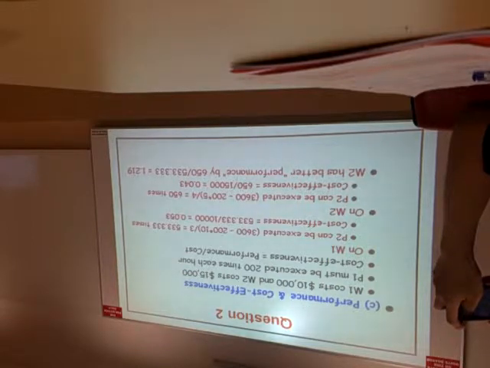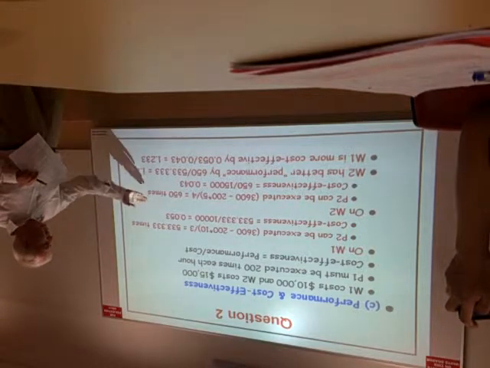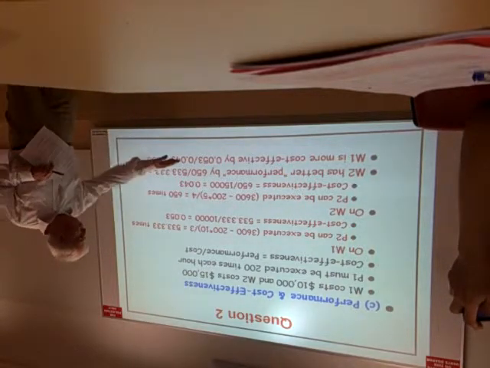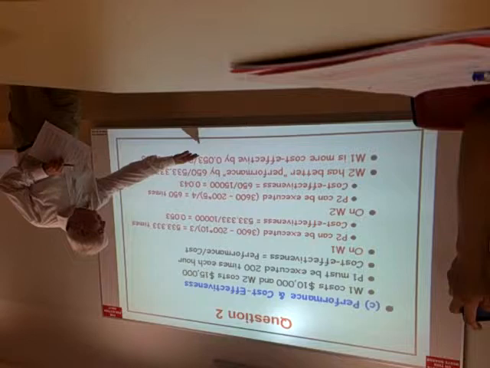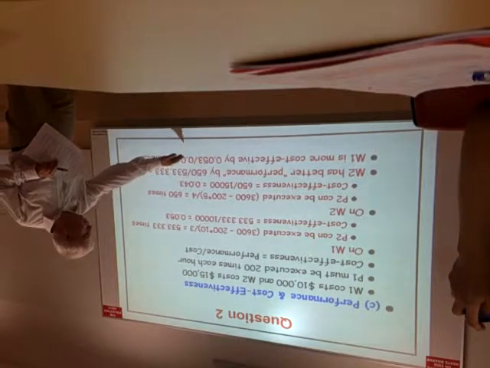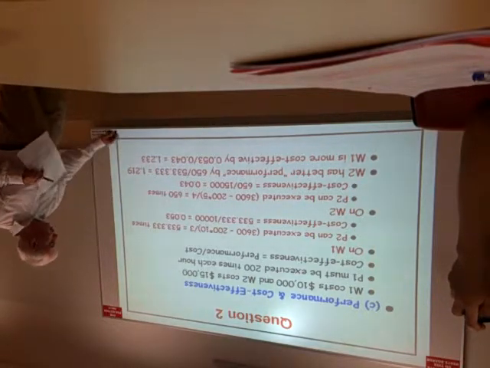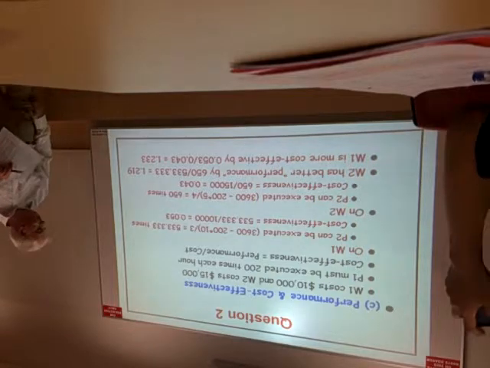But because M2 is more expensive, M1 is actually more cost effective. When we divide the performance by the cost and then take the ratio, M1 is more cost effective than M2 by a factor of 1.233.